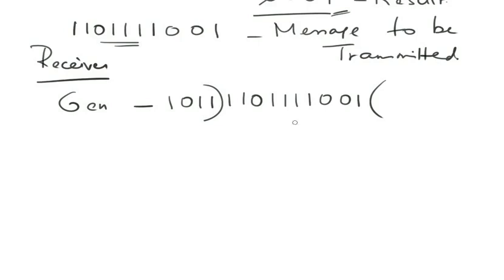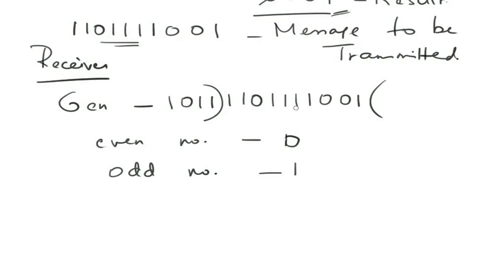This division is performed, and while subtracting we need not subtract actually, but we have to follow the exclusive OR rules. If you have an even number of ones, the result is equal to 0. If you have an odd number of ones, the result will be equal to 1.